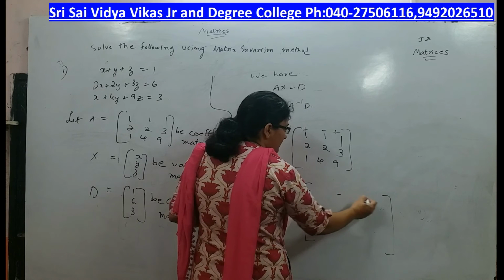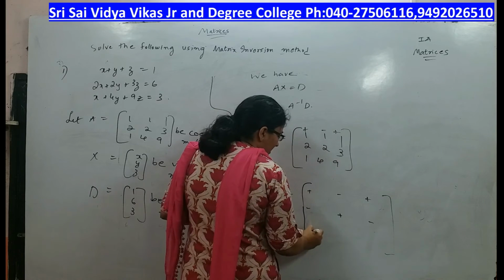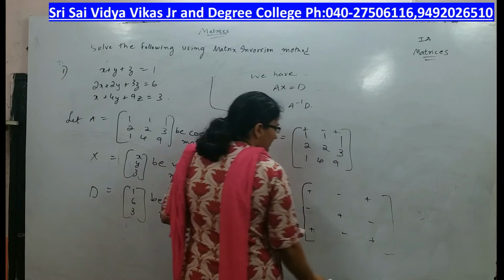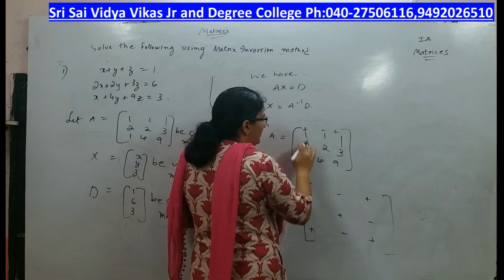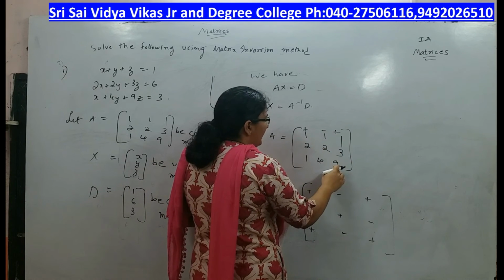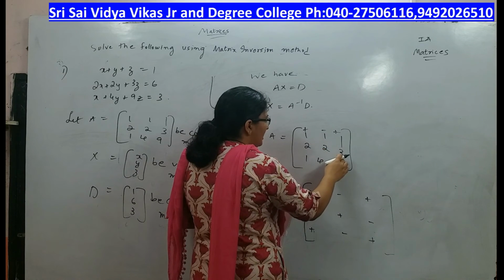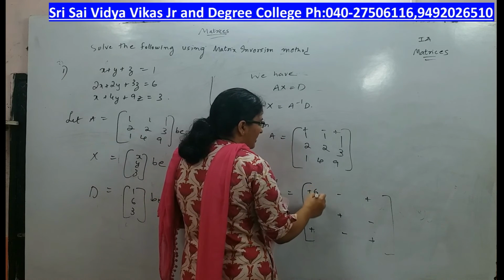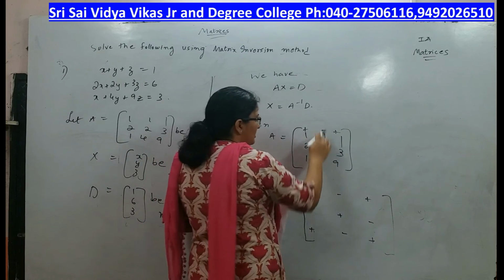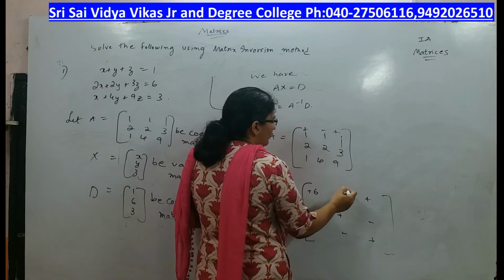Plus minus plus, minus plus minus, plus minus plus. First you have to write like this, then close this column, close this row. 2 9s are 18 minus 12, that will give you plus 6. Then close this column, close this row. 2 9s are 18 minus 3, that will give you 15.